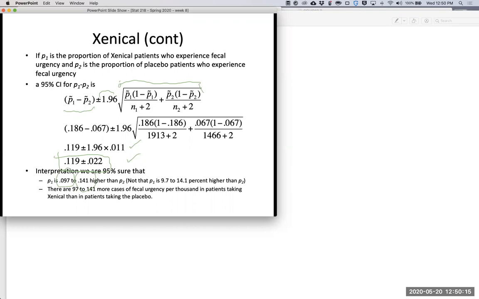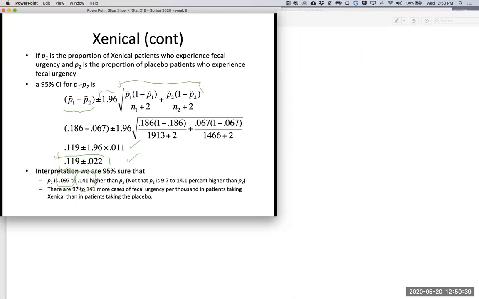So I'd say, well, P1 minus P2, I'm 95% sure that P2 is 0.097 to 0.141 lower than P1 is. I'm sorry, P1 is that distance higher, so about 10 to 14% higher.